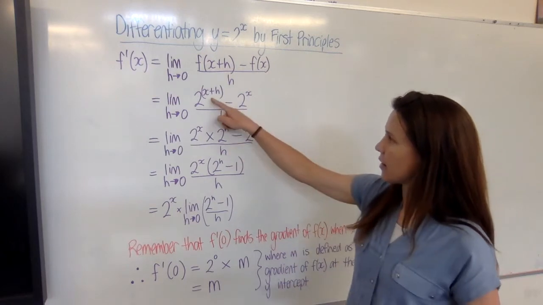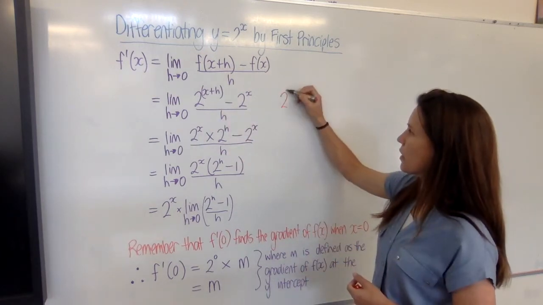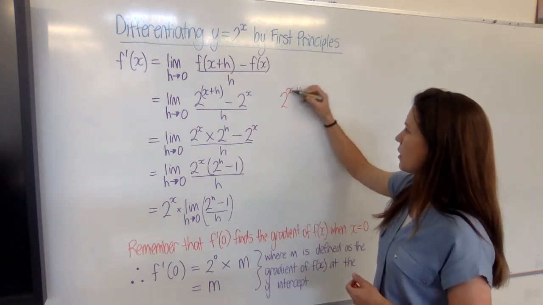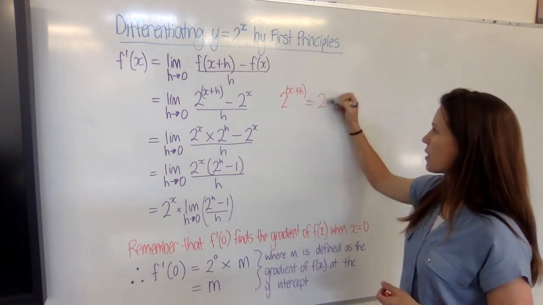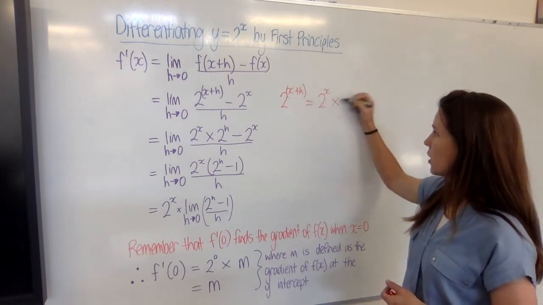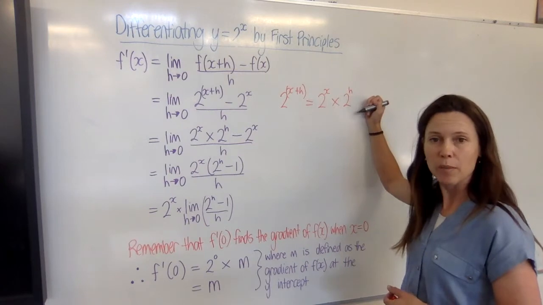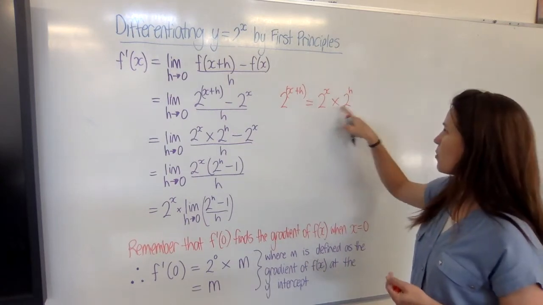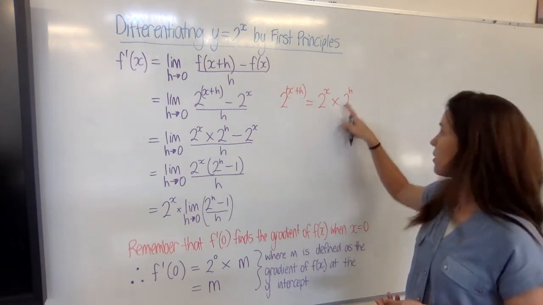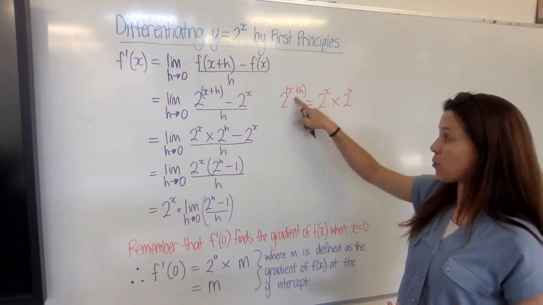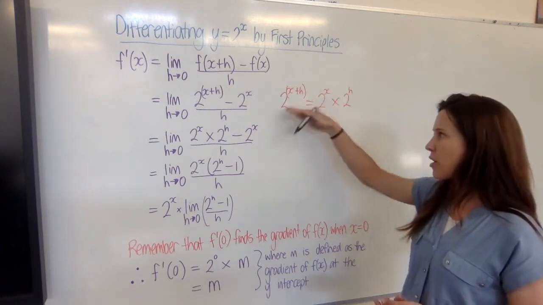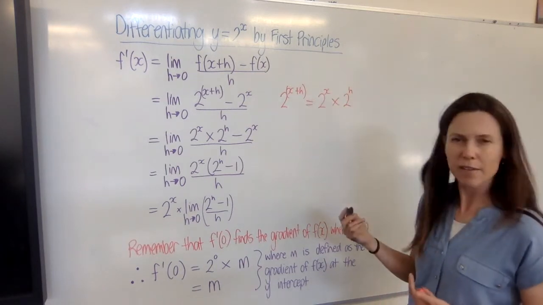On the next line, I've taken this 2 to the power of x plus h and recalled that that's the same thing as 2 to the power of x times 2 to the power of h, because I know from my index laws that if I multiply these together and the bases are the same, I'd need to add the indices, and that would give me this. So it's like working backwards here. Now, why have I done this?